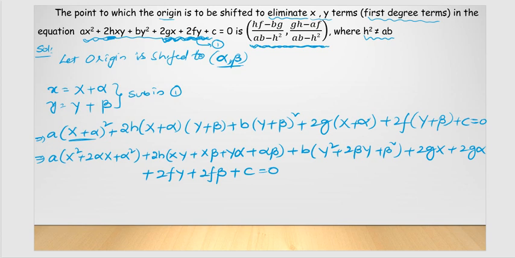This is the expanded equation that I get.